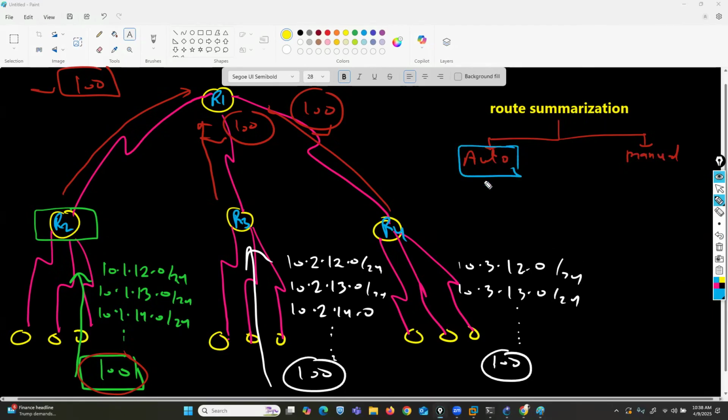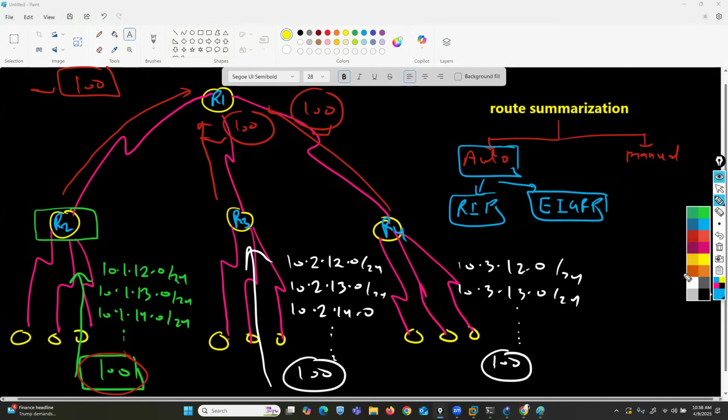Auto summarization: RIP and EIGRP protocols support auto summarization by default. No need to configure. By default, they do auto summarization.